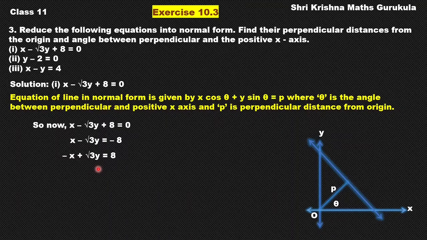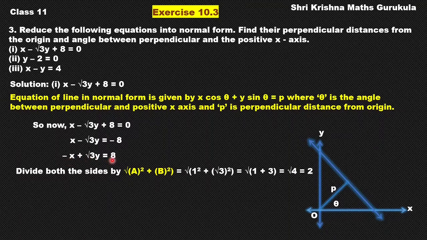There is something that we have to do. If you compare it to the standard form ax plus by plus c equal to 0, the coefficient of y is b. So we have to divide the whole equation by the square root of a square plus b square, that is, the square root of the coefficient of x squared plus the coefficient of y squared.